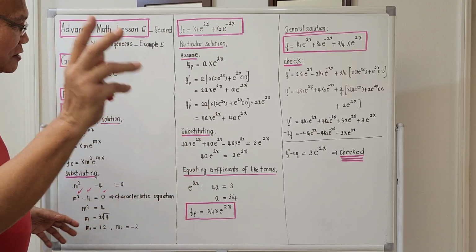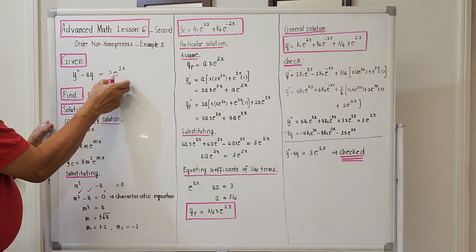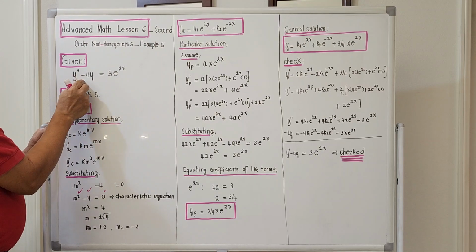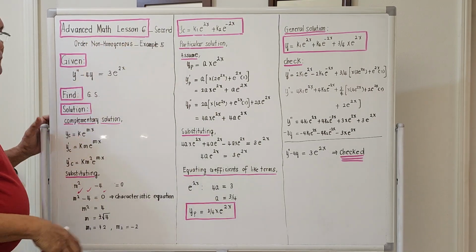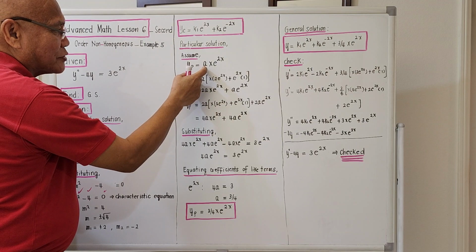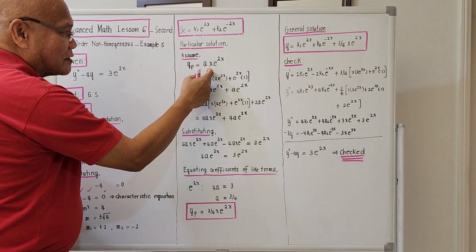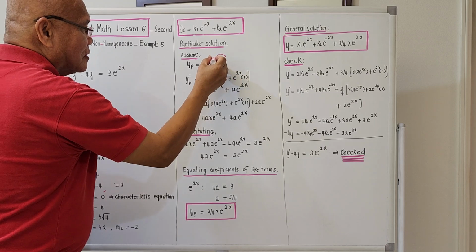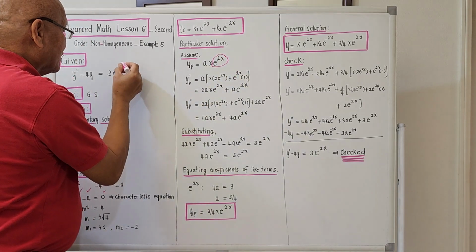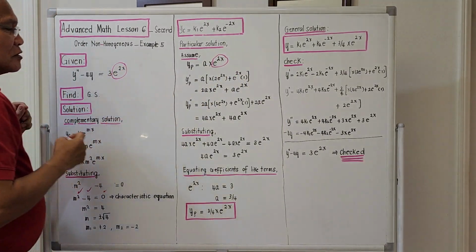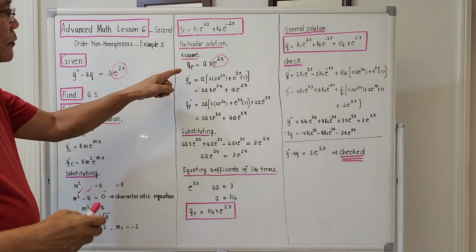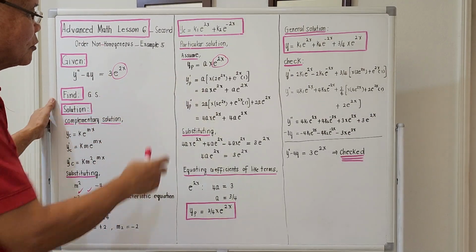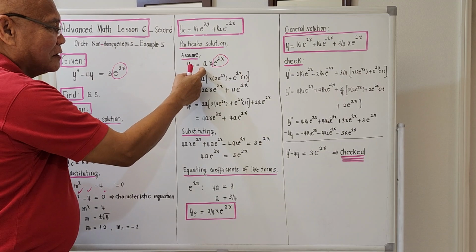So for the solution of this, an exponential function, and this is negative, the proper particular solution should be an unknown constant a times x times e to the 2x. This e to the 2x emanates from this. So what is only unknown to compute for the particular solution is the coefficient a.